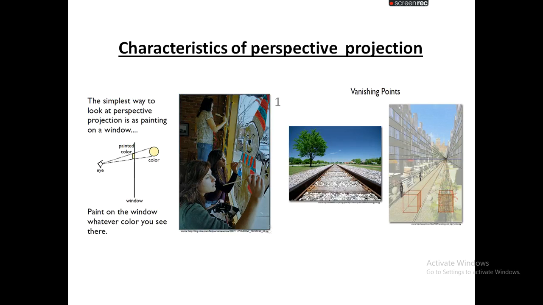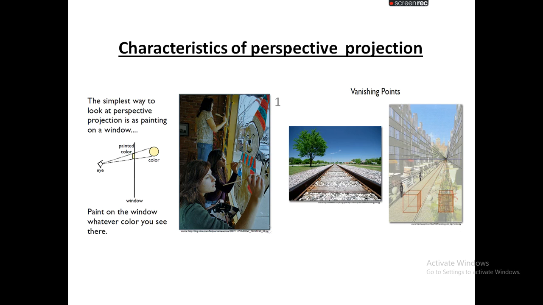So these are the examples I have written. The best example of perspective projection is, assume that you are painting on a wall. When you are nearest to the wall, that painting looks very clear and the size is large.